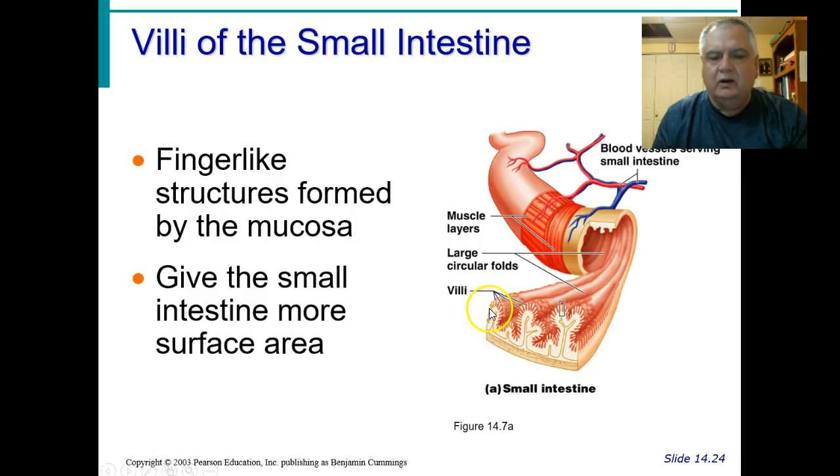We can see here these folds in the small intestine, and then the folds on top of the folds. These finger-like projections are villi. These help to increase the internal surface area of the mucosa. The more surface area we have, the more area we have for enzymes to work, and the more area we have for the absorption of nutrients once the enzymes do their work.